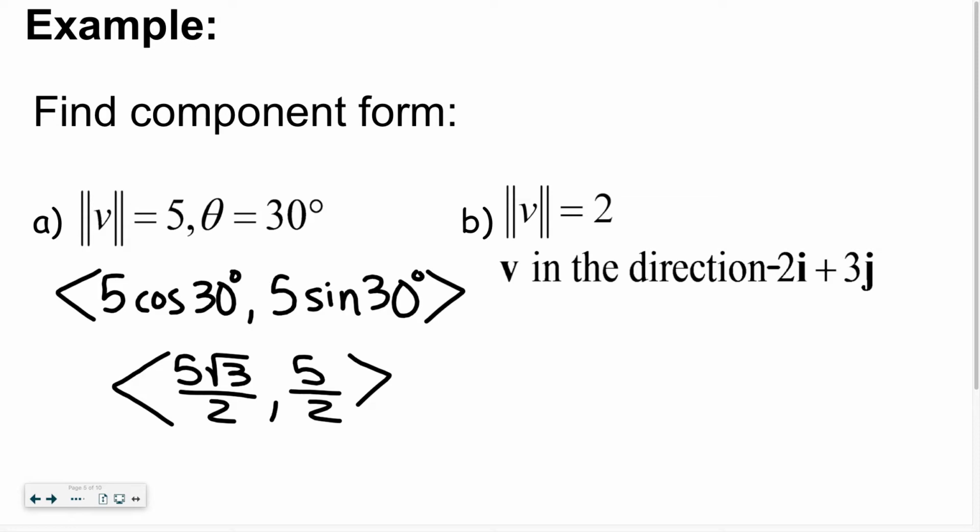Can you find its direction angle? Yeah, it's like the warm-up, right? Go ahead and find the direction angle for, what is it, negative 2i plus 3j. This one, you are going to have to use a calculator. We don't know the inverse tangent of negative 3/2, so you'll get a rounded answer, and that's okay.